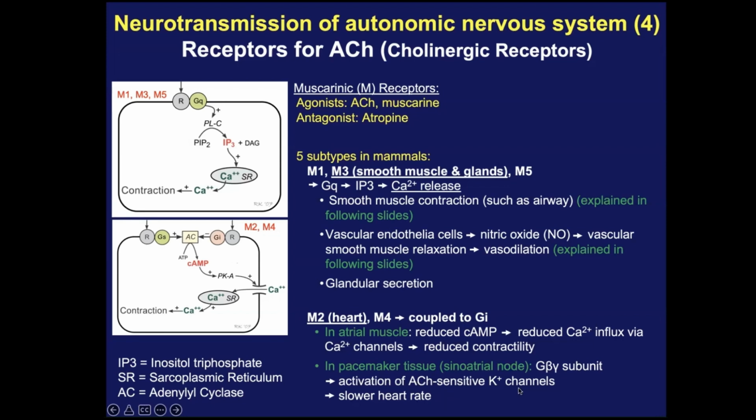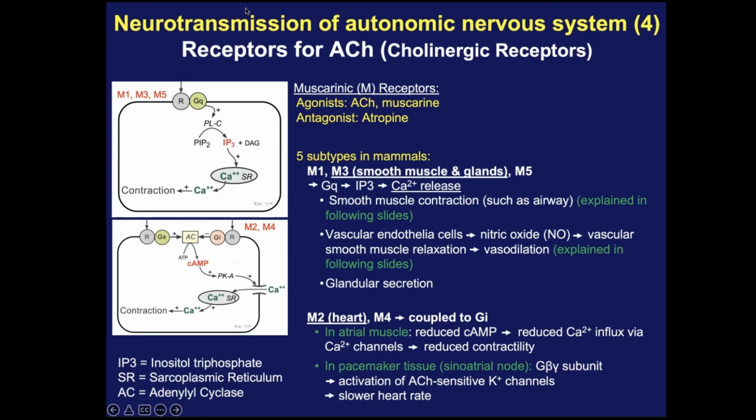And when the channel is activated, it will cause the cell membrane hyperpolarization to slow down the heart rate. Therefore, the M2 receptor in the heart is inhibitory. In the atrial muscle, it will reduce the contractility. And in the pacemaker tissue of the heart, it will lead to slower heart rate.